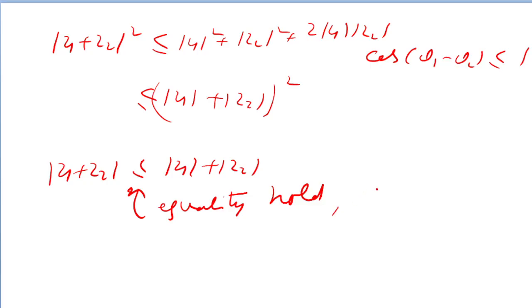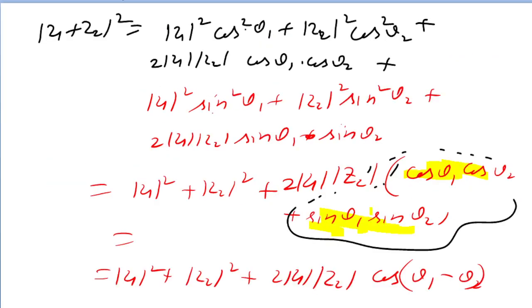That means theta 1 minus theta 2 is 2n pi, that is 0, 2 pi, 4 pi and so on. And one more interesting thing, see, we have this one, so I copy it.